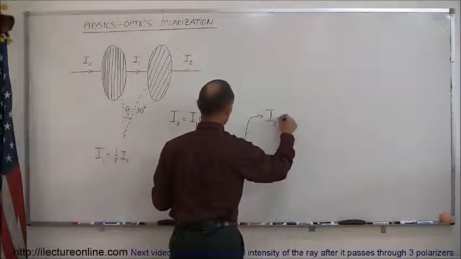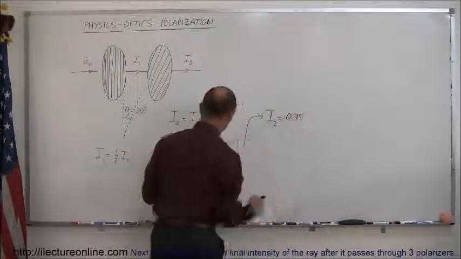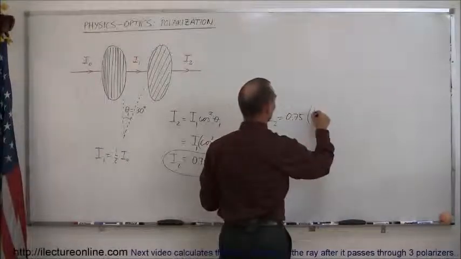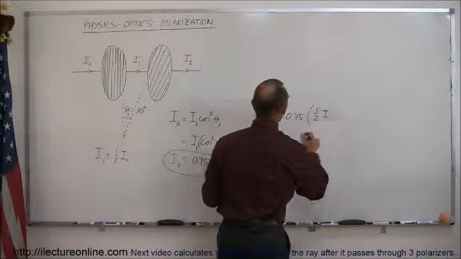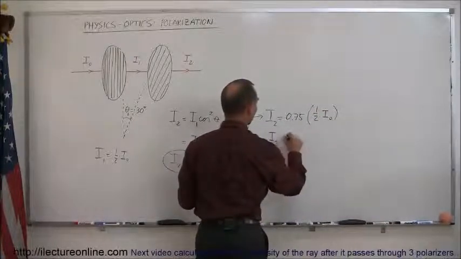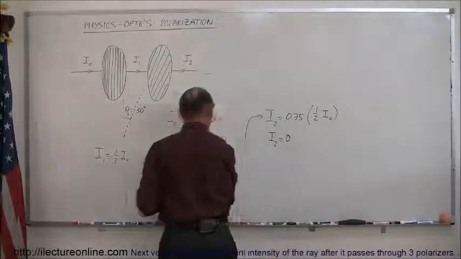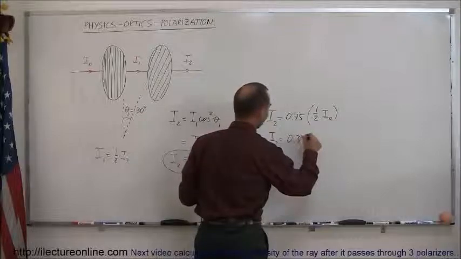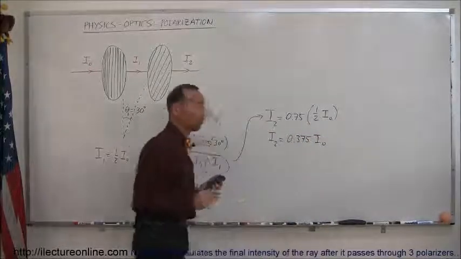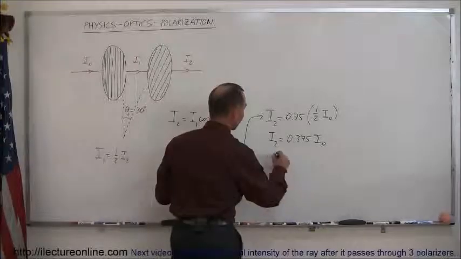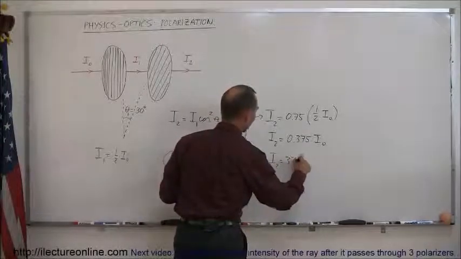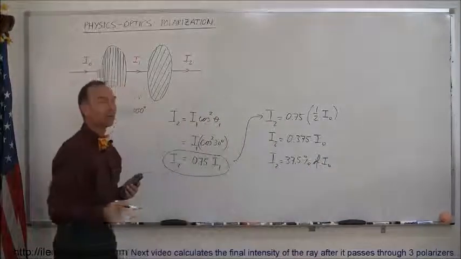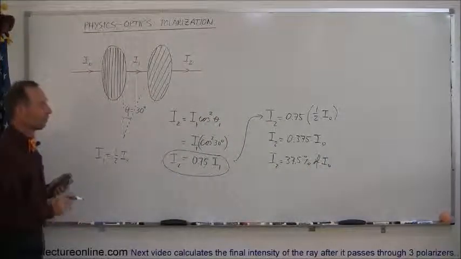I sub 2 is equal to 0.75 times I sub 1, and since I sub 1 is 1/2 of I sub 0, we plug in 1/2 of I sub 0, and so I sub 2 is equal to 0.375 times I sub 0. That would be another way of writing that. We can say that I sub 2 is equal to 37.5% of the original intensity coming through the first polarizer.